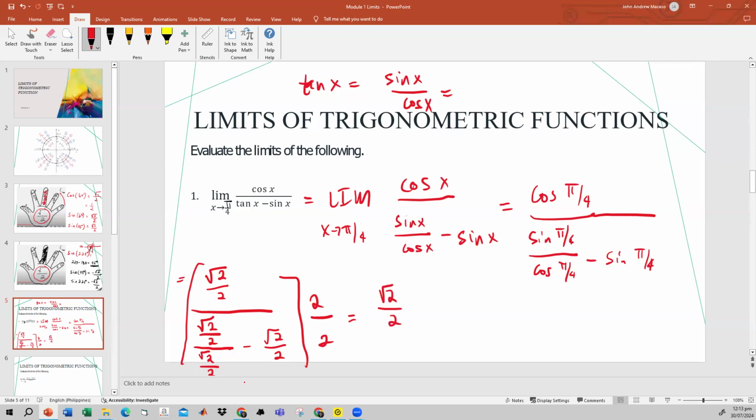I am not going to multiply the 2 first, but I will just simplify it. So this will become equal to 1 over 1 minus square root of 2 over 2. Then that's the time that I will multiply by 2 over 2, the LCD. So this will become equal to what? That's square root of 2 over 2 times 1, that's 2, minus square root of 2. Then this will now be the answer.